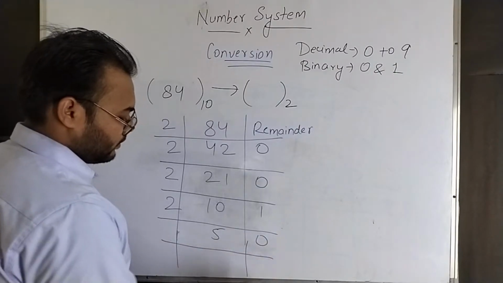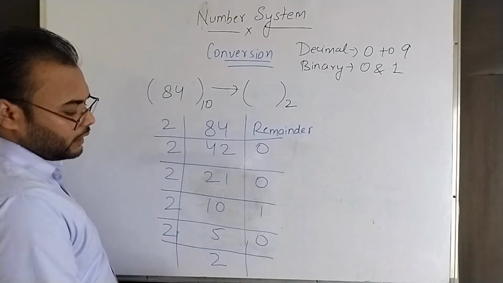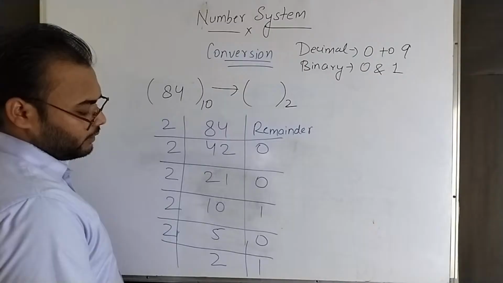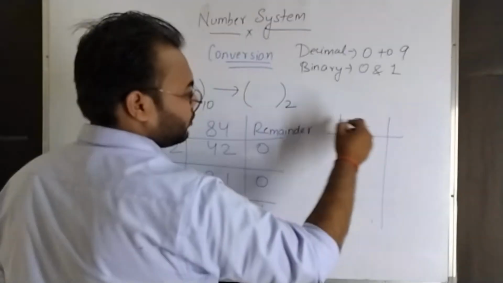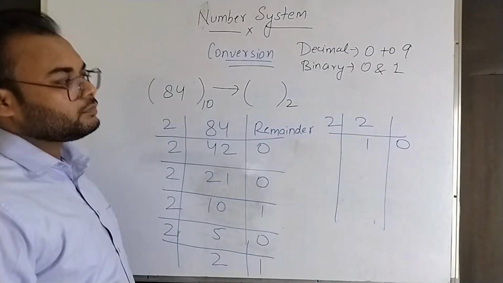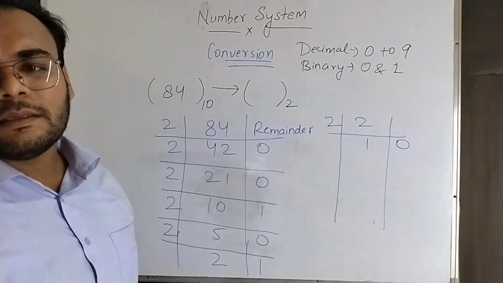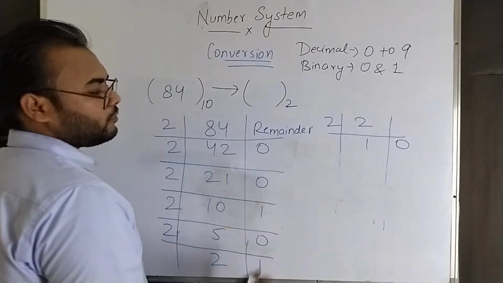Again 2 twos are 4, the remainder is 1. And again I am solving it here. 2 ones are 2, the remainder is 0. The remainder is 0. Now tell me, what is the answer? What did we get?